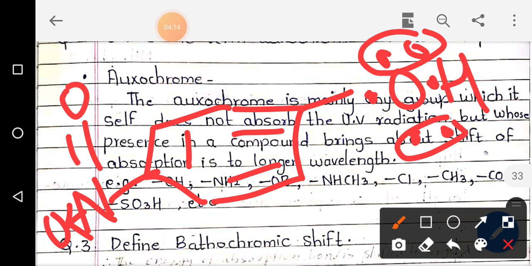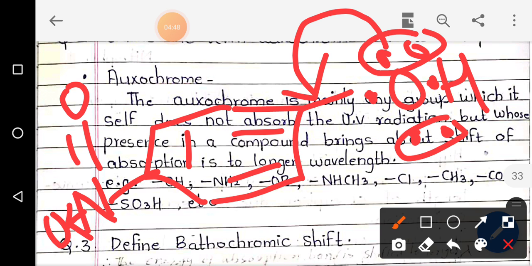These lone pairs of electrons are loosely held, non-bonding pairs of electrons. So these electrons can be involved in resonance like this and form new covalent bonds. With this formation of covalent bonds, there is a formation of various resonating structures, meaning conjugation.